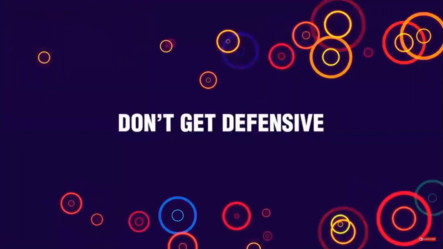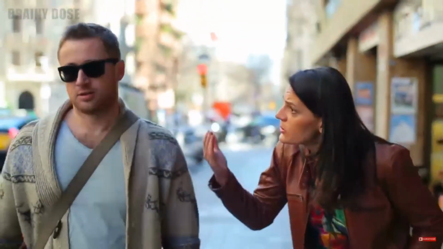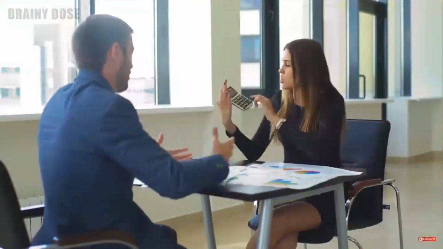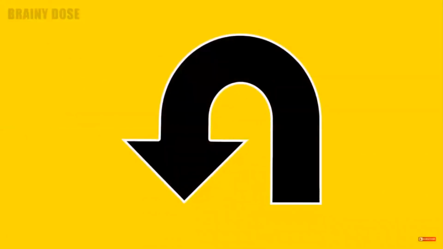Number 1, don't get defensive. In any conflict, whether it's professional or personal, we all feel the urge to rush to our defense. You may find yourself constantly trying to correct the other person's position with "but," "nevertheless," "however," in defense of your own position before they are even finished explaining their opinion. Try turning the situation around. How do you feel when another person is constantly contradicting you and seems unwilling to consider your opinion?